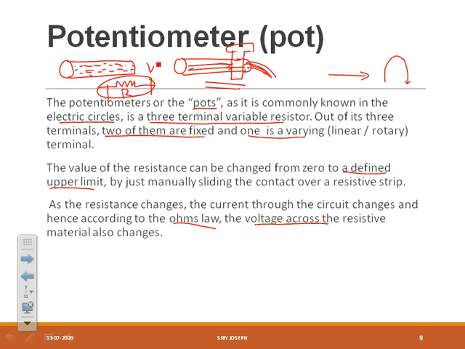Ohm's law can be simply represented using a triangle like this. We divide this triangle into 3 portions.